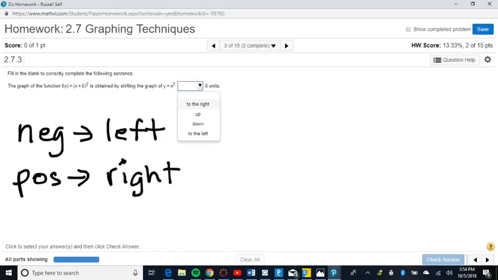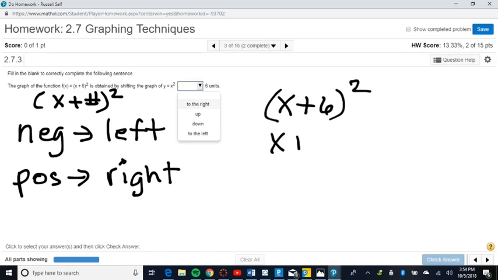Now, there's nothing else for it, but you're just going to have to memorize what each one of those things does. Okay? Remember, that's when you have x plus some number raised to the second power. That's what happens here. It's either going to move to the right or the left. But also remember, this was x plus 6 quantity squared, that's the same as x plus 6 equals 0.